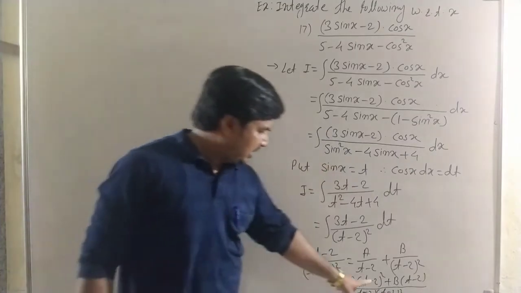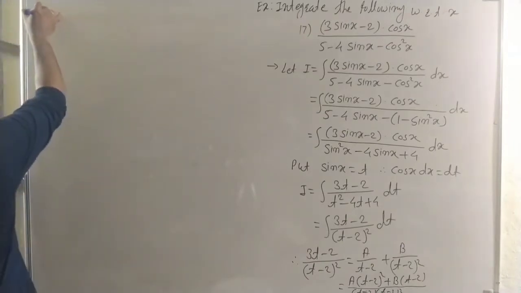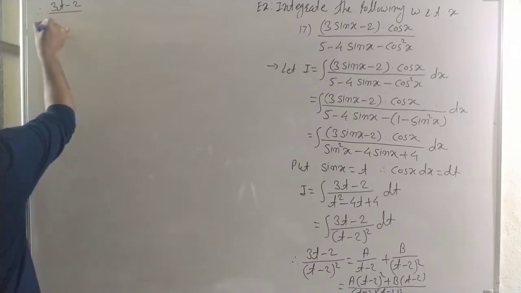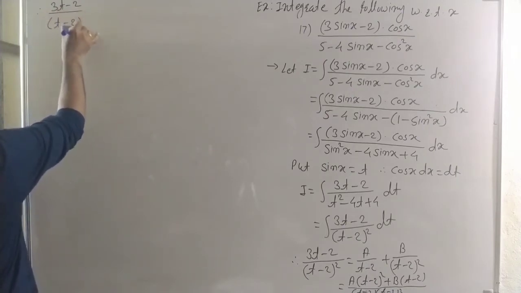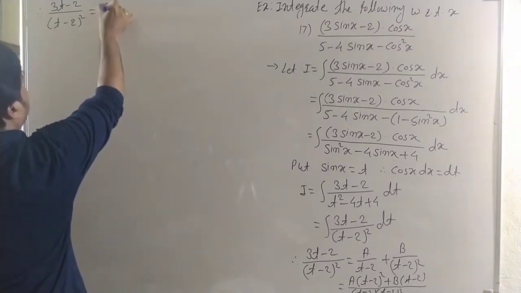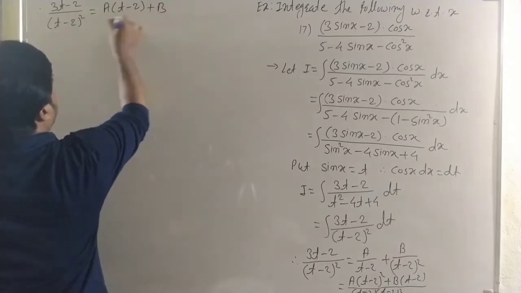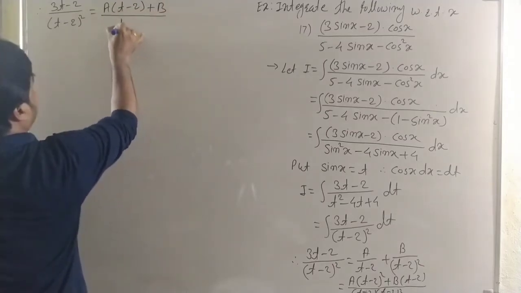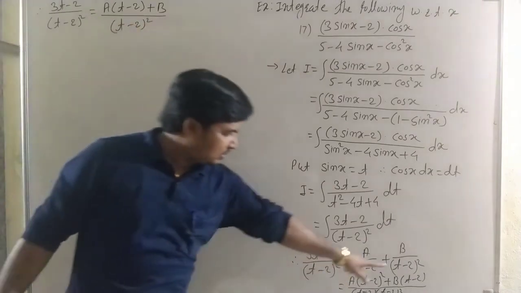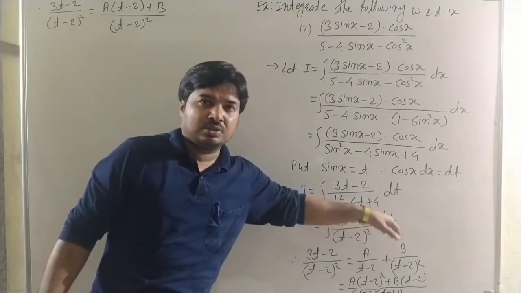When we take t minus 2 common, one t minus 2 gets cancelled, and we take cross multiplication.